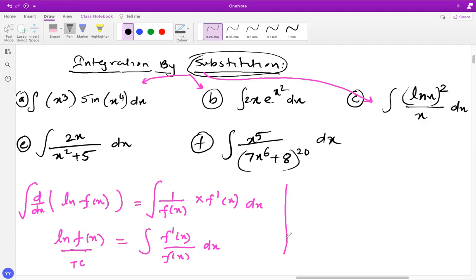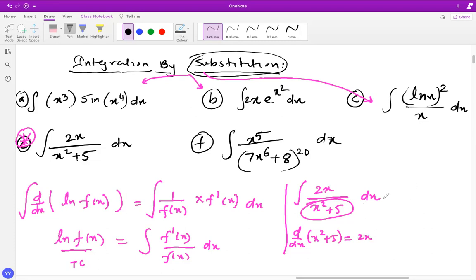Now, an example that supports this: let's say I have a question like 2x over x squared plus 5. That's your question number E. Whenever you have the function in the denominator and its exact derivative in the numerator, here you can see that the derivative of x squared plus 5 is nothing but 2x.